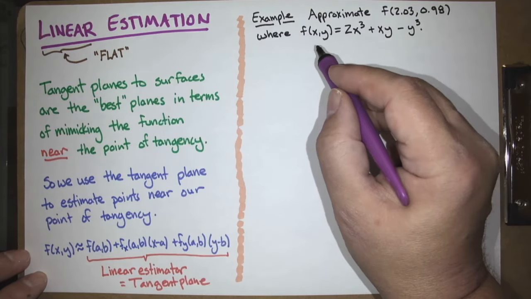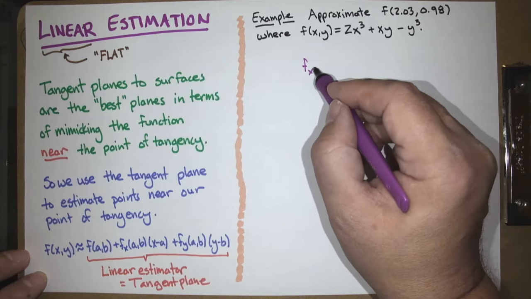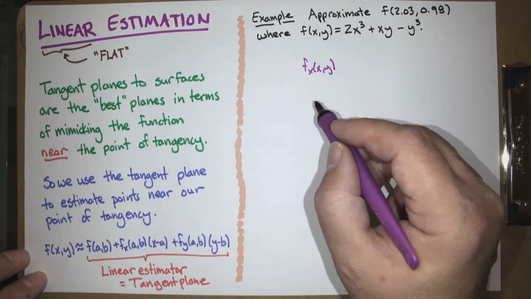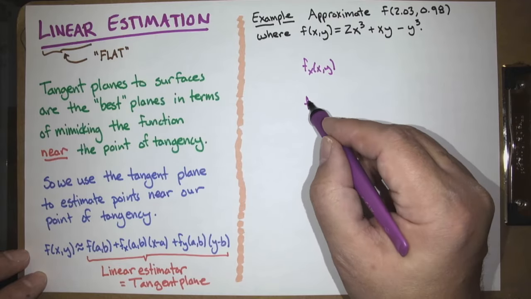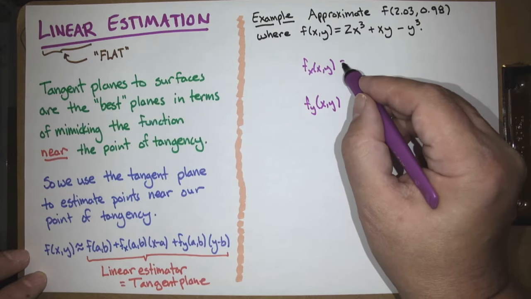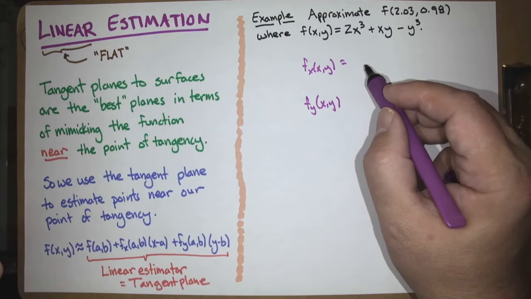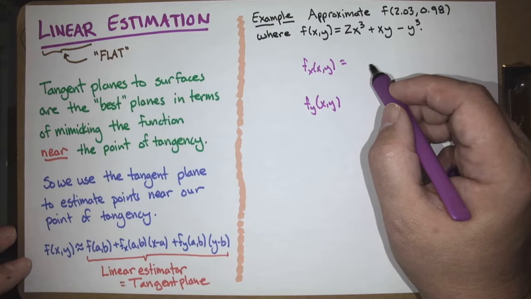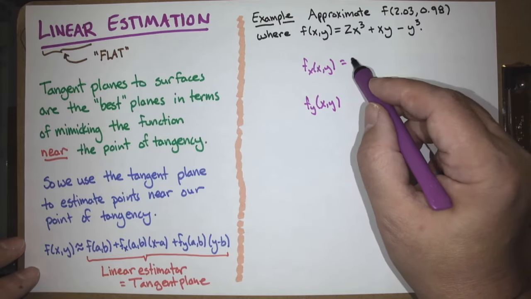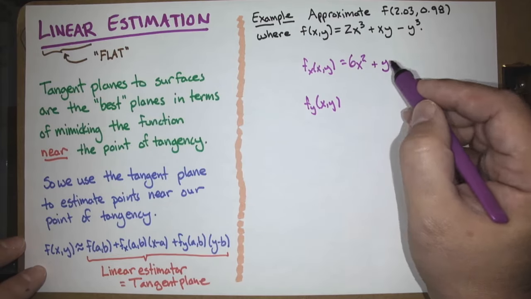So we're going to need some information. We have our function. We'll need to have our partial derivatives, because we're going to build our tangent plane. We have f sub x and f sub y. So f sub x, what's the derivative of the function with respect to x? 6x squared plus y.